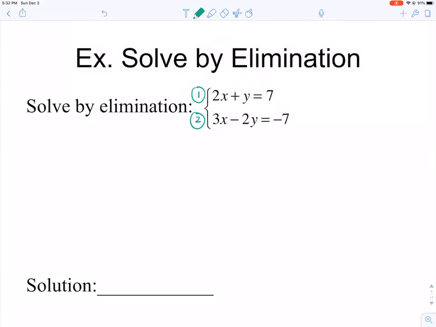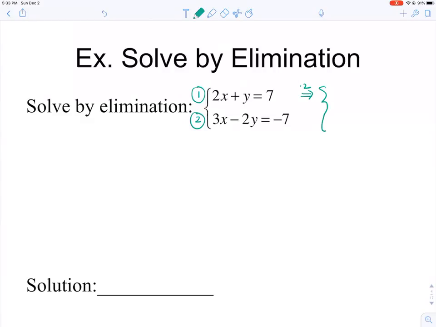Okay, so our x's are lined up, our y's are lined up, the constants are lined up vertically. However, the coefficients for the x's are not opposites and the coefficients for the y's are not opposites. However, I can multiply the first equation by 2.